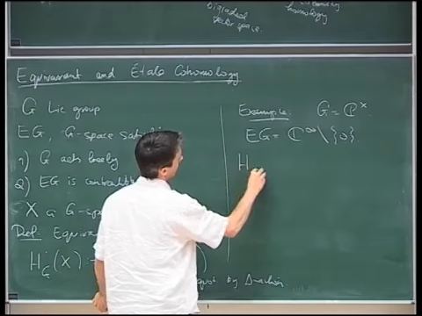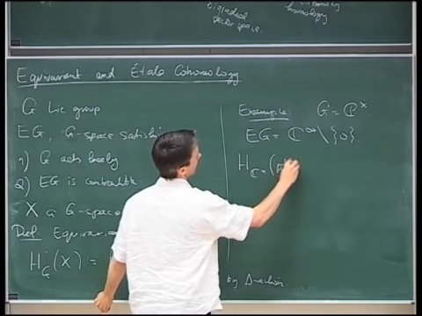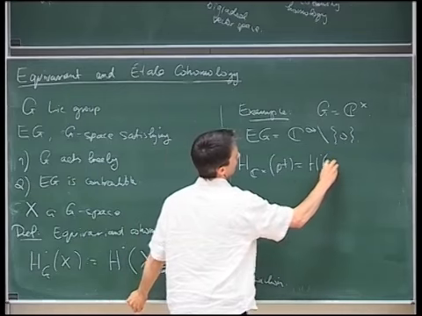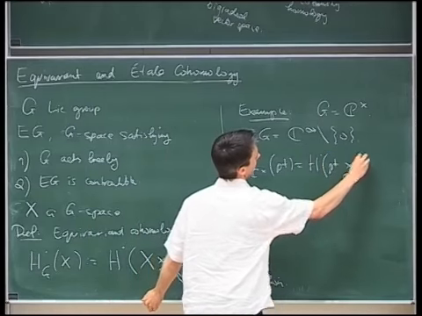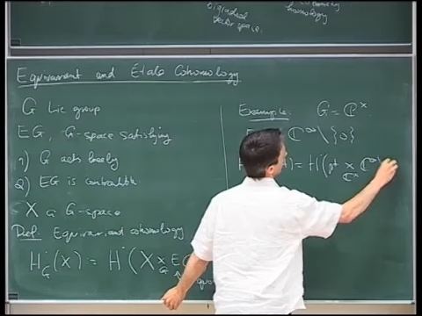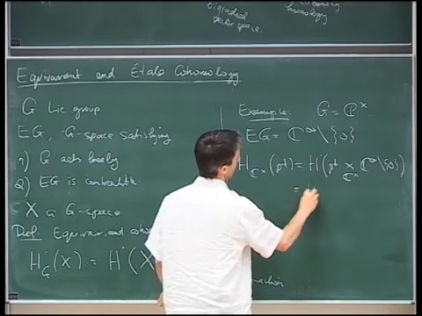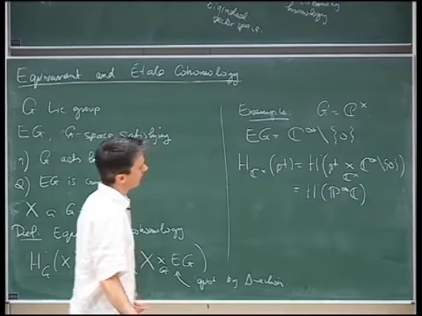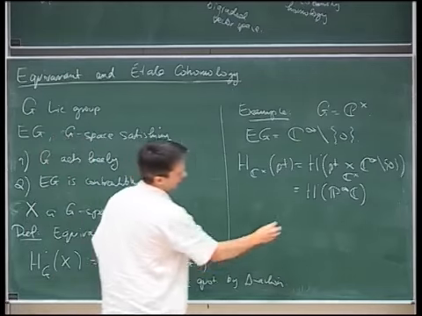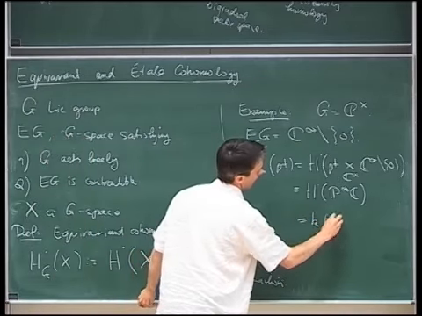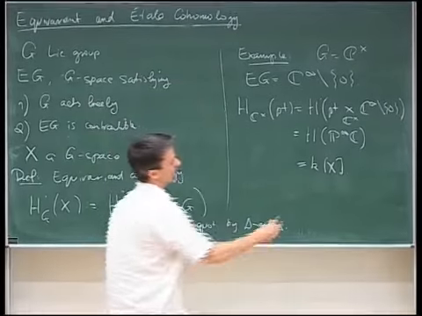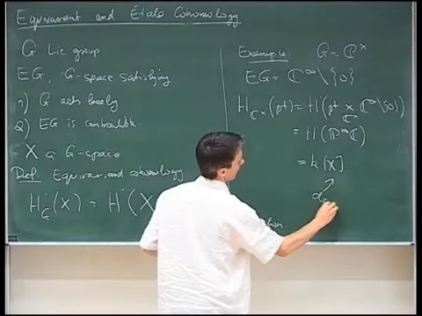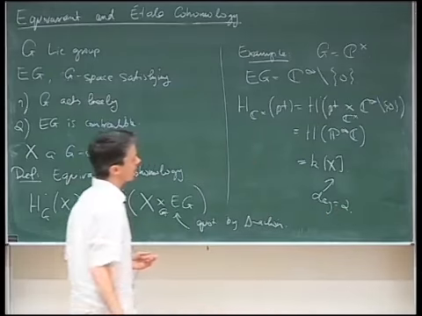Then, for example, the C star equivariant cohomology of a point is the cohomology of a point cross C infinity without 0, which is infinite projective space, which is a polynomial ring in one generator x of degree 2.